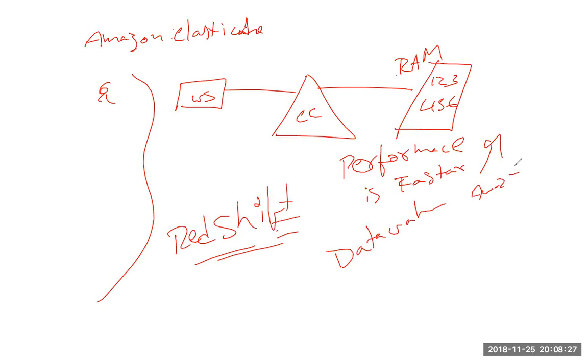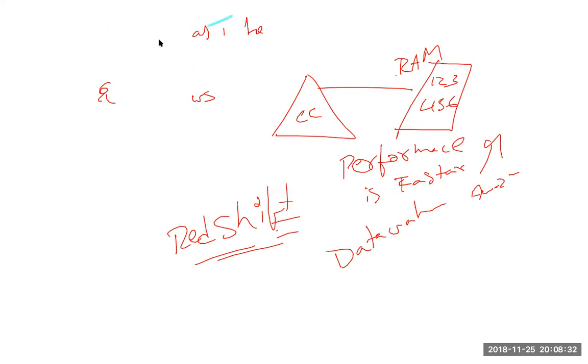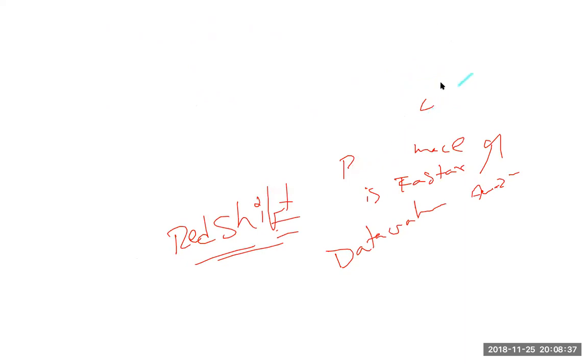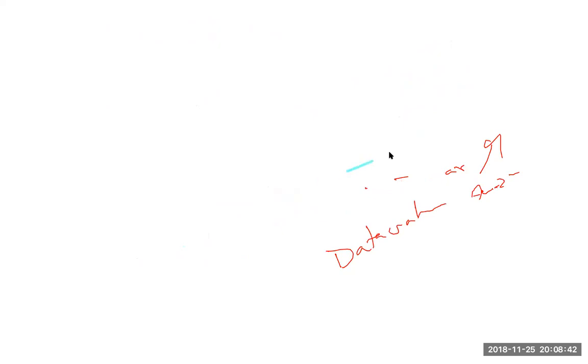These are the services in the database category: RDS, Redshift, Elasticache, and DynamoDB. These are the 4 services that we're going to see in detail, I think in chapter number 4. All right, and we have another category of services called network.